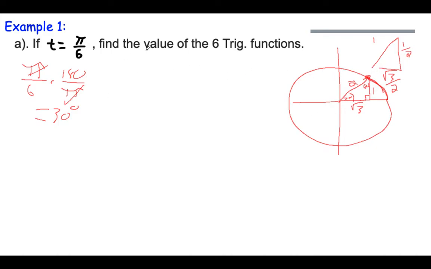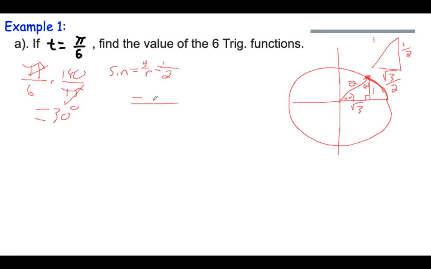We want to find the value of our 6 trig functions. Let's just start with sine, which equals y over r, or opposite over hypotenuse. If we do this left one here, we got 1 as our y and 2 as our r. Let's do this one right here on a unit circle.